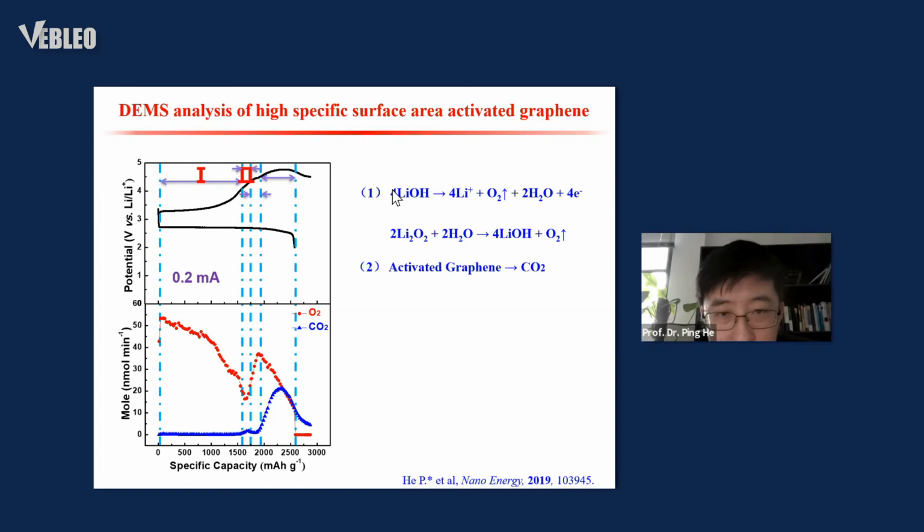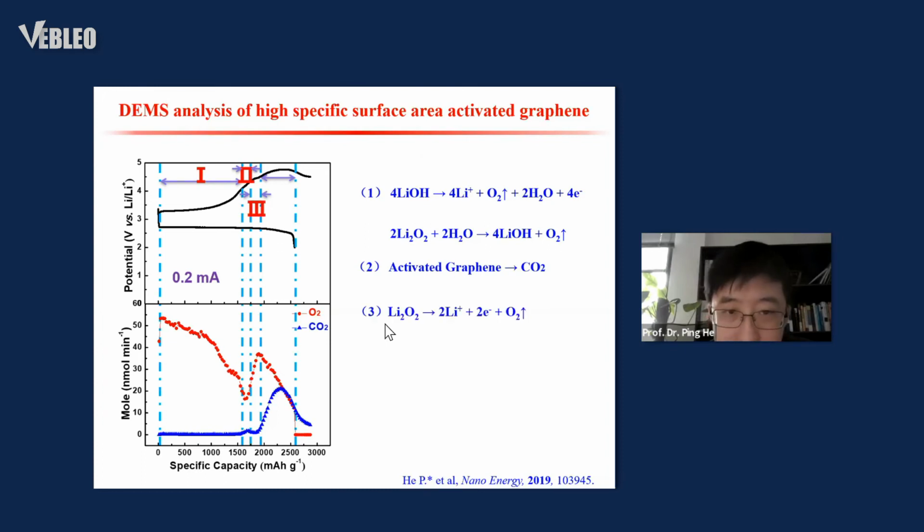Yes, the first reaction is lithium hydroxide decomposes to form lithium ion, oxygen and water. And lithium peroxide can react with water to form lithium hydroxide and oxygen gas. So the second step, the activated graphene can be oxidized to carbon oxide. This second is here.